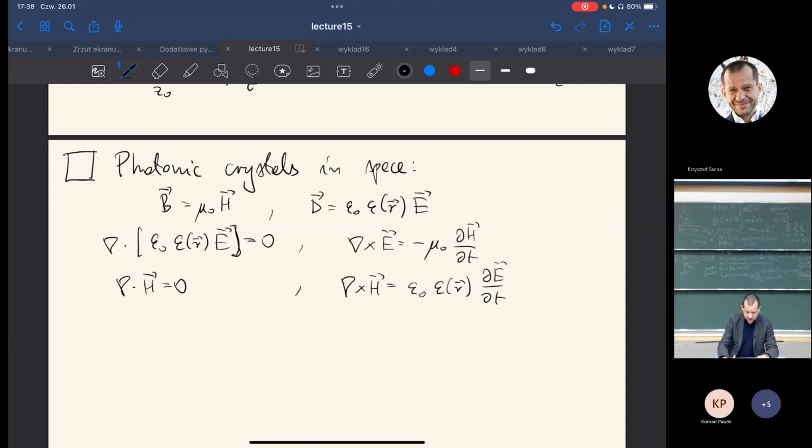And of course nothing depends explicitly on time, so we can look for a solution which is harmonic in time. So we assume that the solution for the electric field can be parameterized by some vector which depends only on the spatial coordinate, and it is evolving harmonically in time. And the same for the magnetic field.